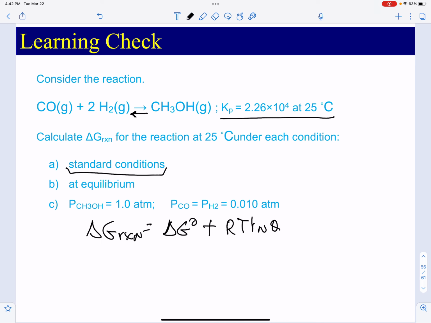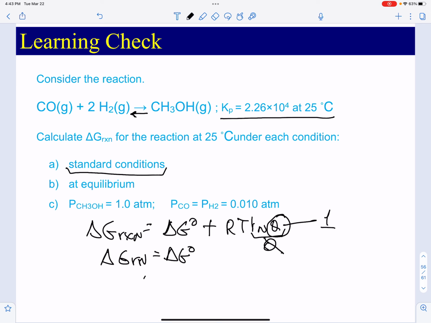At the standard conditions, that means all our concentrations or pressures are going to be 1. So the Q becomes 1, which means ln Q equals 0, which means delta G of the reaction equals delta G standard.